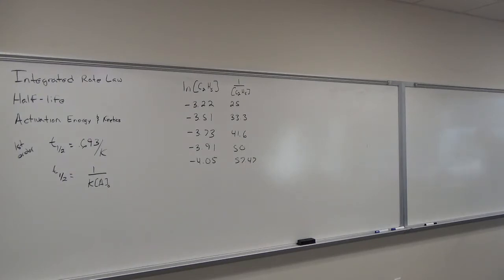At 100, negative 3.73, which is a little bit beyond that right here. Negative 3.91 is 150. And negative 4.05 is 200. Which is right at the halfway point.